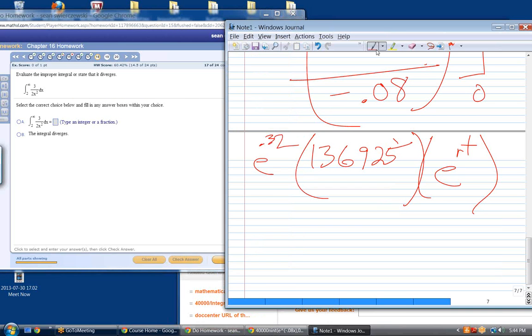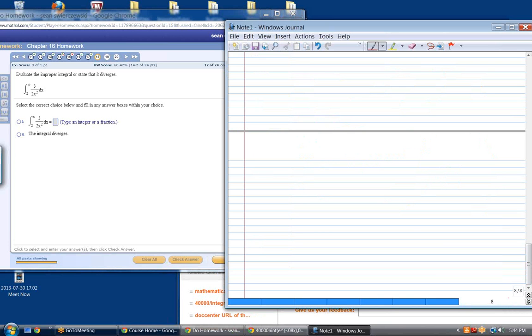Finally. Wow. State whether it diverges or converges. You're doing improper integrals. Interesting. Okay, let's find the integral of this thing first.